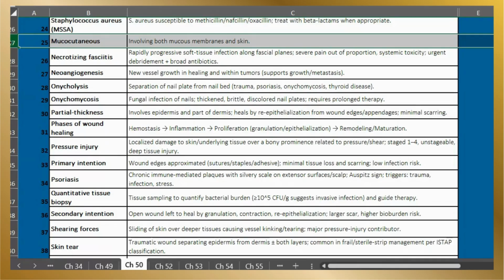Mucocutaneous, involving both mucous membranes and skin. So mucous plus cutaneous, it's wet skin. Cutaneous is skin.